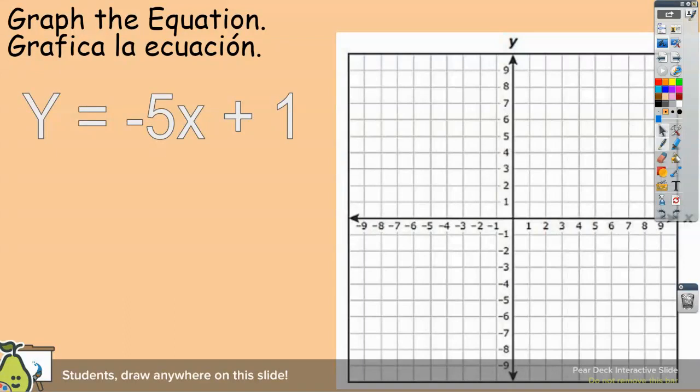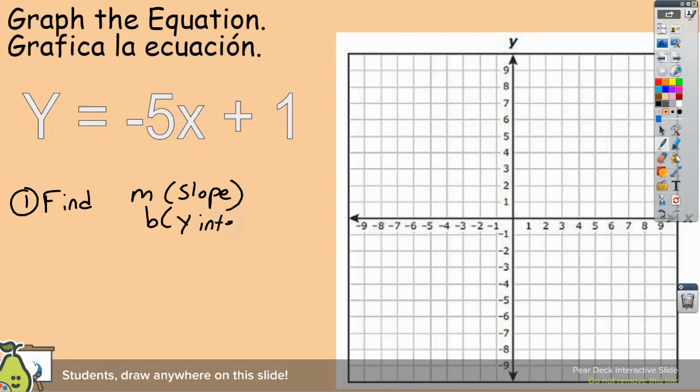So I'm going to go through this assuming you either pause or you're watching because you're like, oh, I need to do it again. So my very first step is that I got to find M, my slope, and B, my y-intercept. So if I take a look, that means that M is, yeah, let's make that a little easier to see.